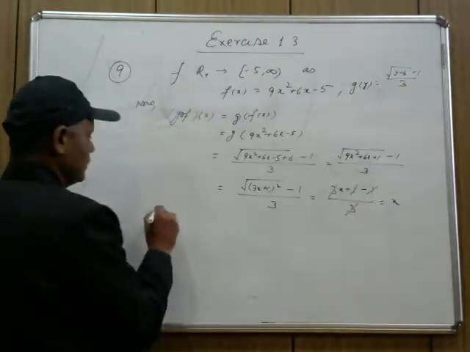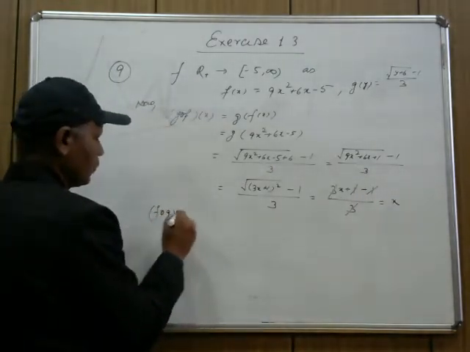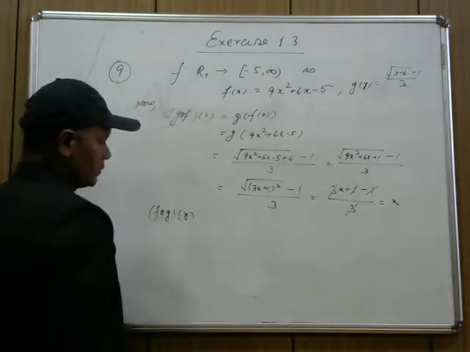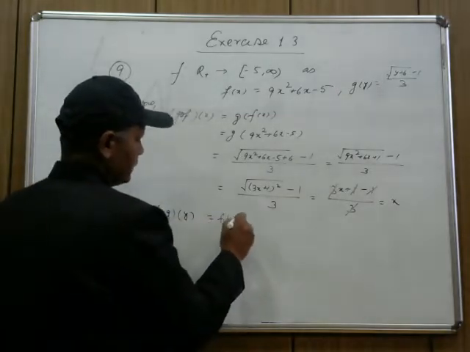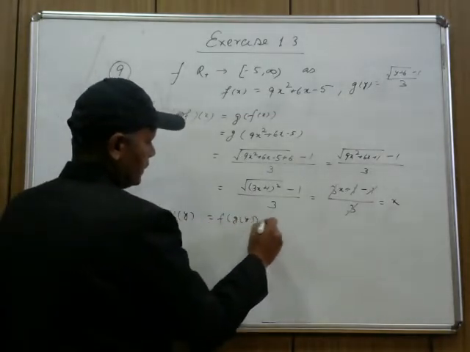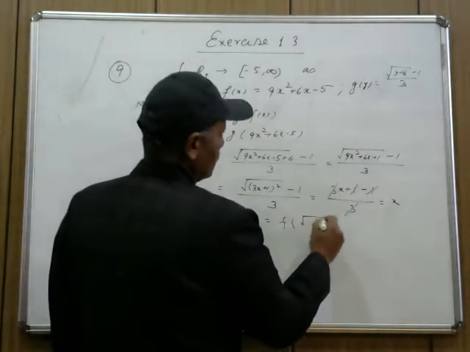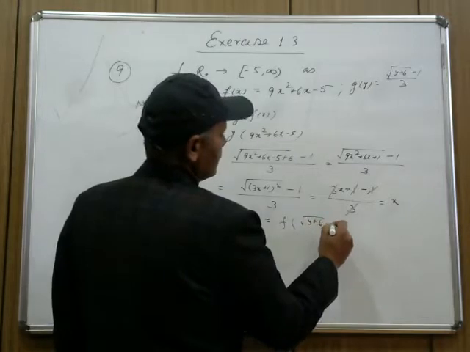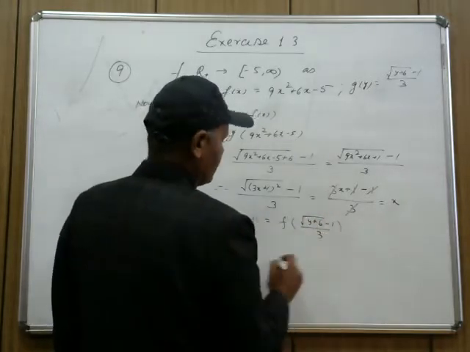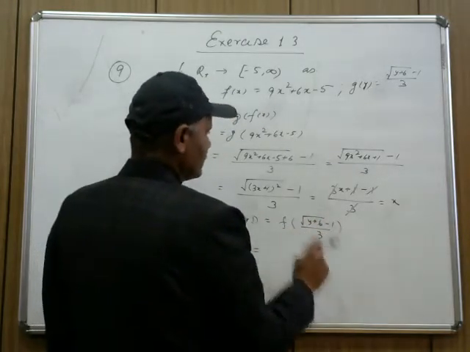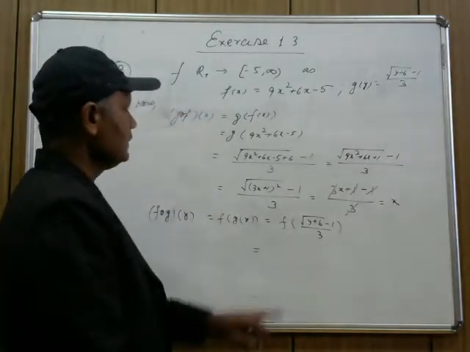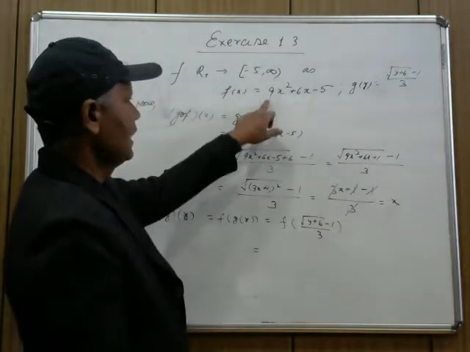Now I will find f of g of y. Now f of g of y is equal to f of under root y plus 6 minus 1 upon 3. And f of this is equal to 9x squared plus 6x minus 5.